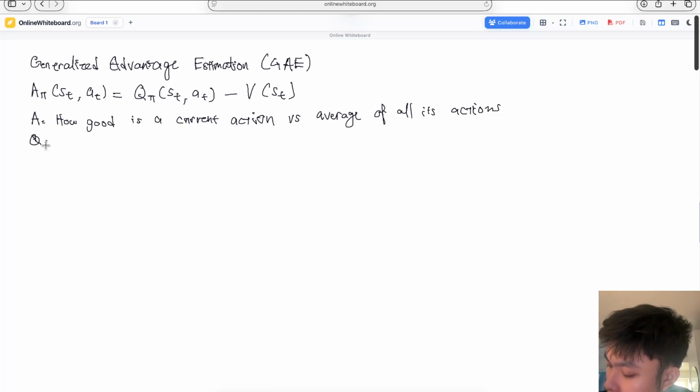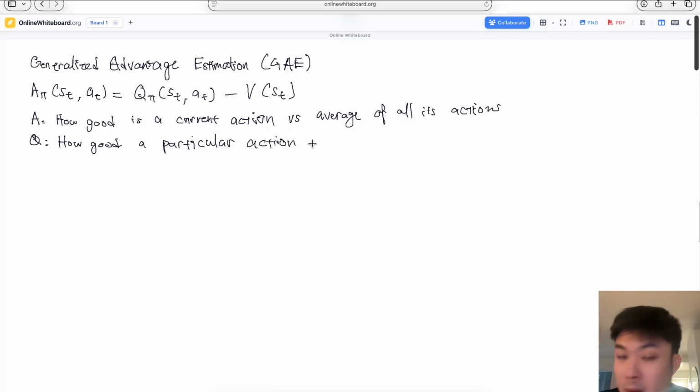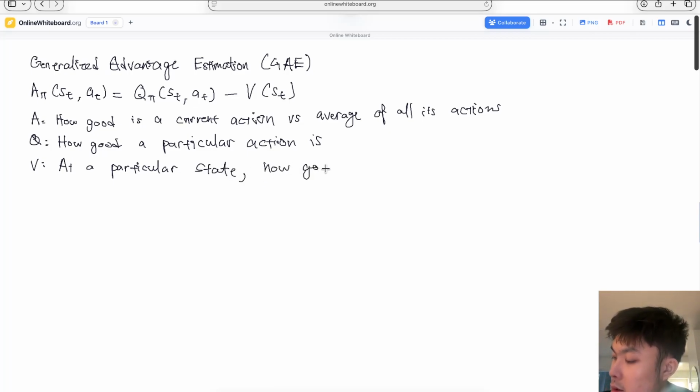And so Q measures how good a particular action is, and V measures, at a particular state, how good actions are on average.